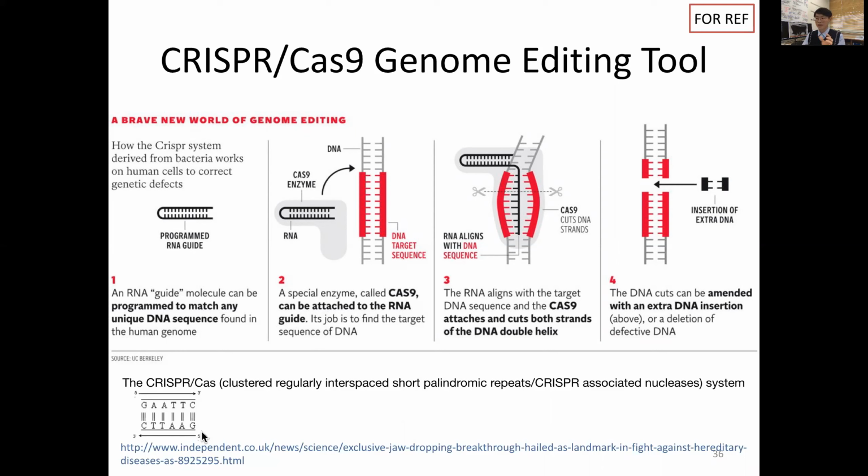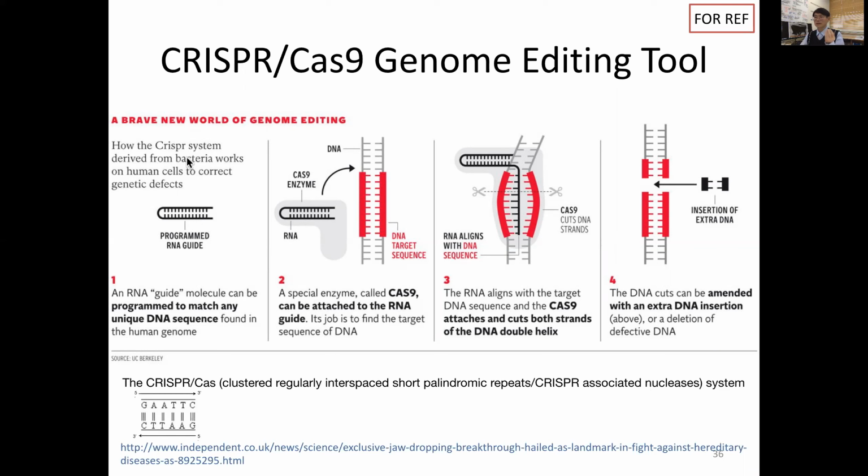As an example of palindromic, reading from one side and the other side gives the same sequence: GAATTC from the 5' end, and on the other side, GAATTC is the same. The Cas9 enzyme is a CRISPR-associated nuclease, and a nuclease is an enzyme that cleaves chains of nucleotides in nucleic acids into small units.